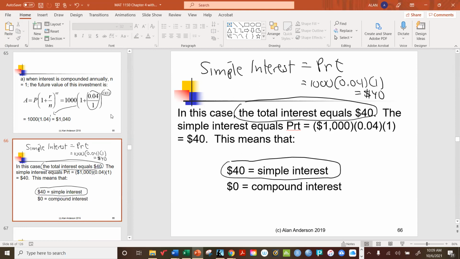And finally, remember, what's going on here is that you take the total interest minus the simple interest that you just calculated, and whatever's left over is our compound interest.